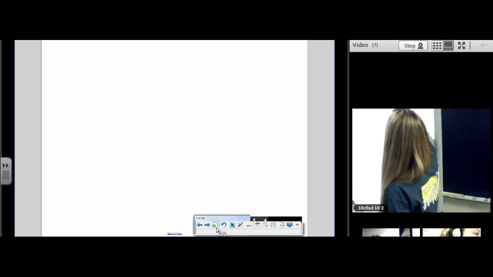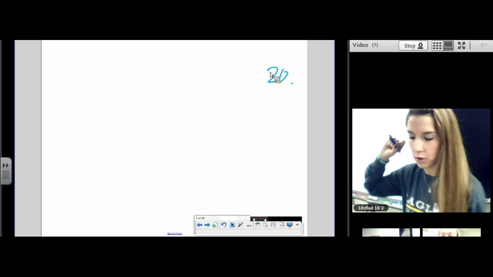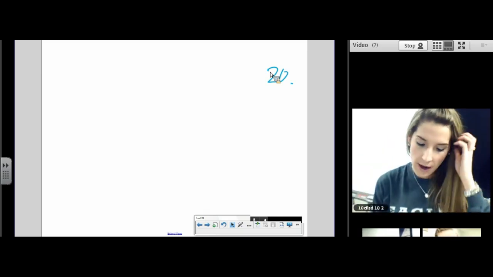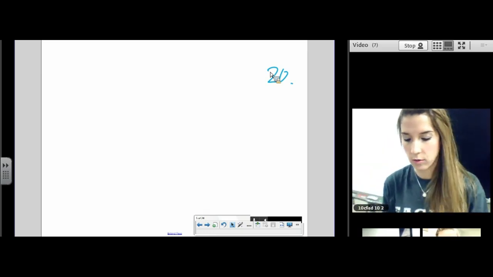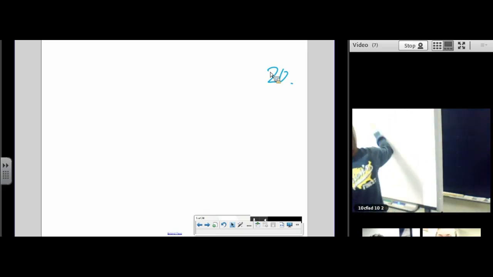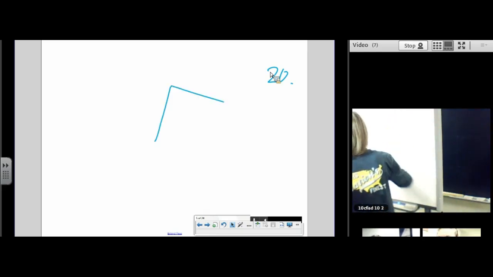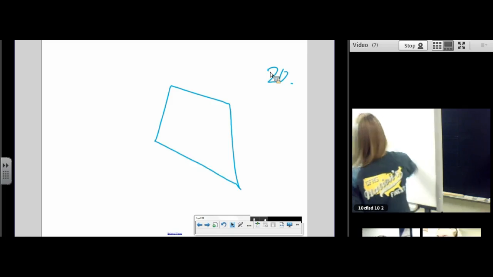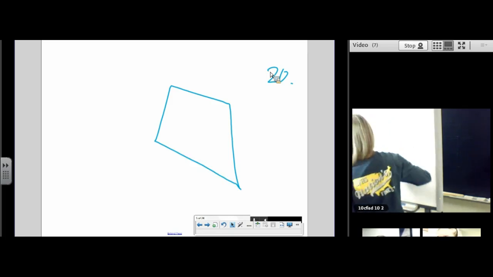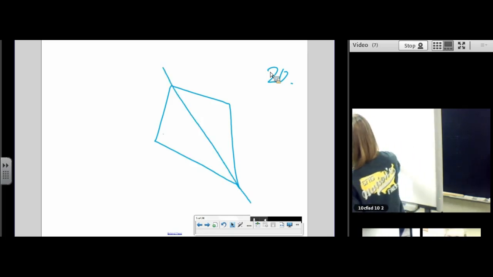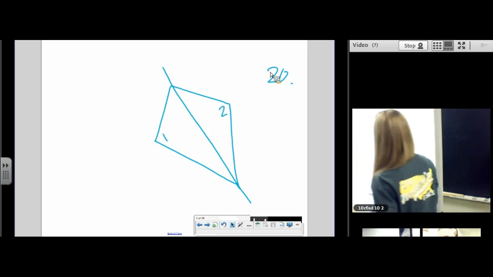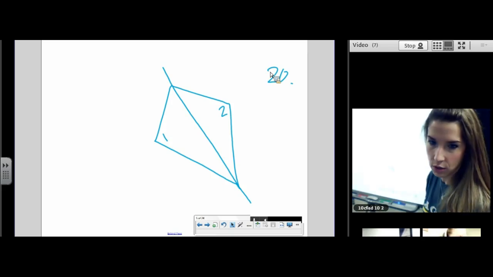Okay, number 20 on the part that says kites, true or false. Both pairs of opposite angles are congruent. So in a kite, the way a kite works is that you have one diagonal of symmetry. So angle 1 is congruent to angle 2.